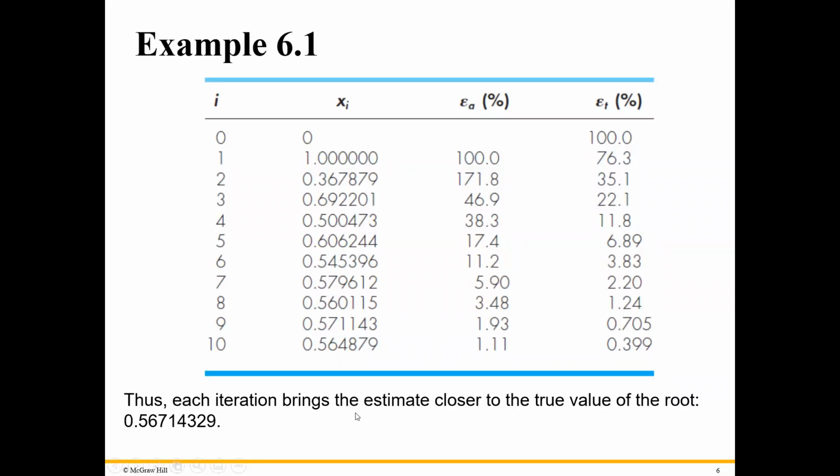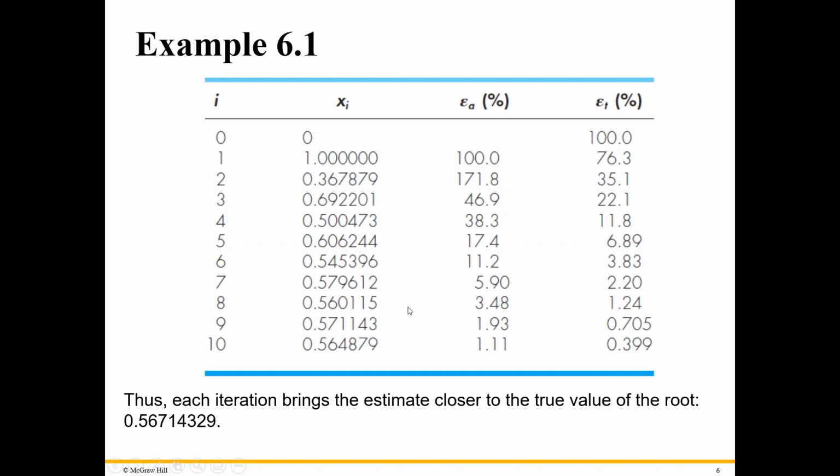Thus each iteration brings the estimate closer to the true value of the root, which is 0.5714. So it is bringing it closer, although the error is 0.399%, which is not too much.